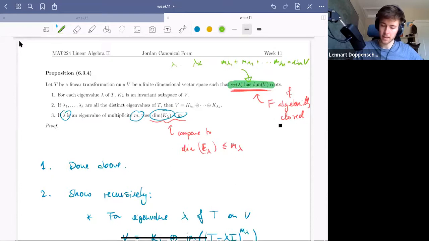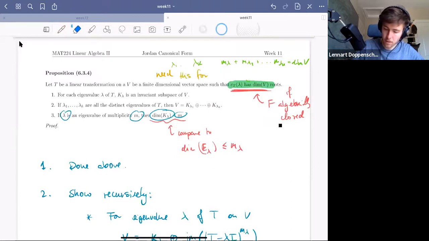And then this is exactly what we need for V equals the direct sum of the K lambda 1 to be possible.